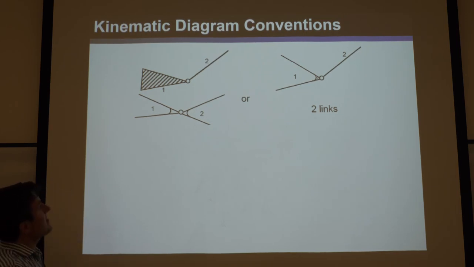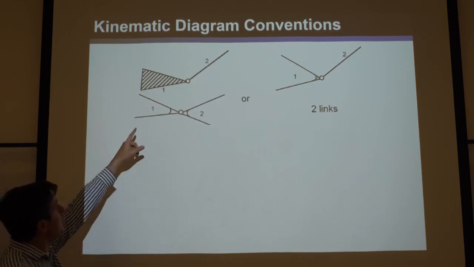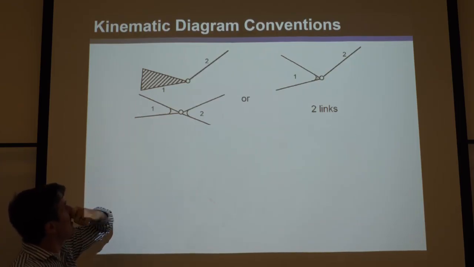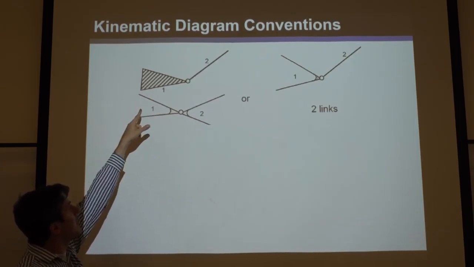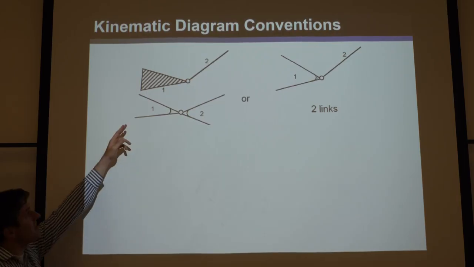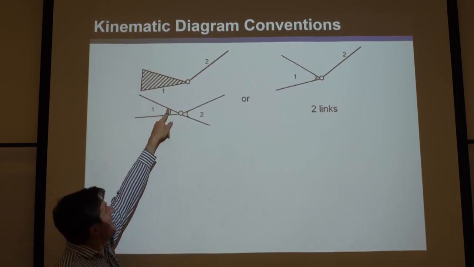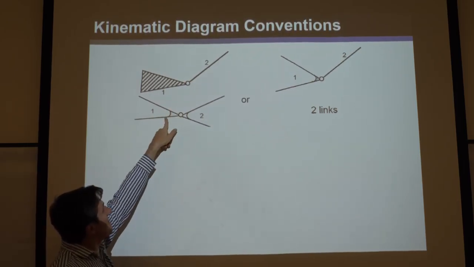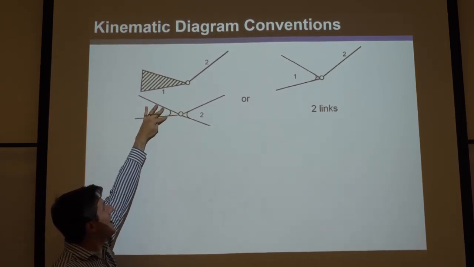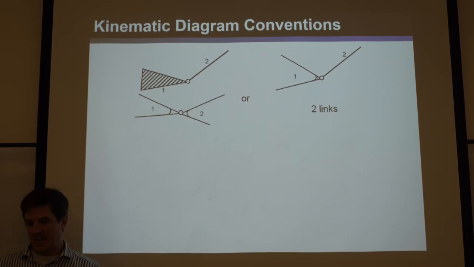So when that's the case, to still be able to draw poorly and make stick diagrams, sometimes what they'll do is, you can see there's a wedge stuck onto another link, labeled 2, by a revolute joint there. They'll either color in the wedge with hatch lines, or if they're even too lazy to do that, they'll draw this little half circle or curve here to say those two lines are the same part of the same link.